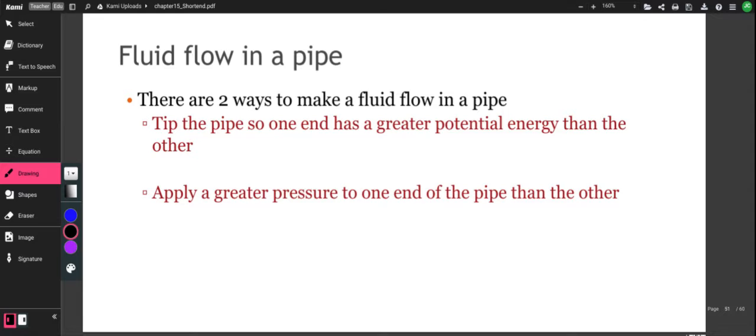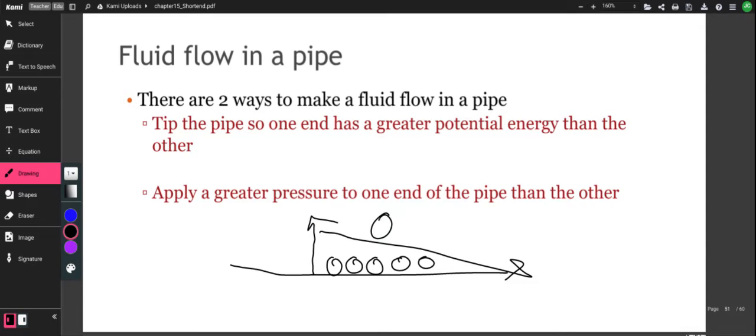Or you have a hose and you're holding it perfectly level, and there's water sitting in that pipe, and the minute you pick up one end with a greater potential than the other, all of the water flows down. It's sort of like a marble effect. If this is a flat surface and I have some marbles sitting on there, the minute I lift this up, they start rolling down the incline, right?